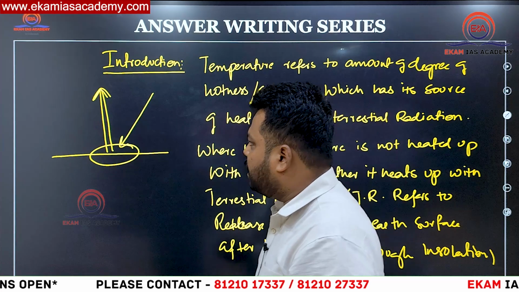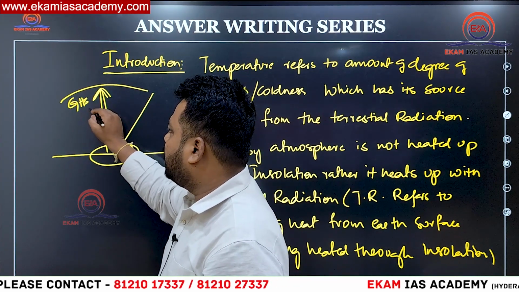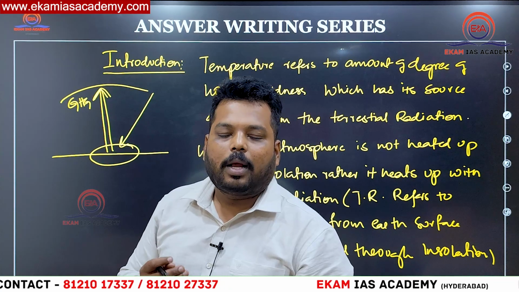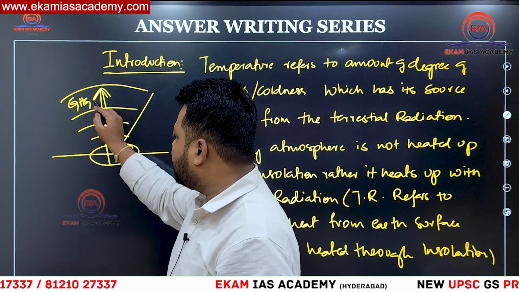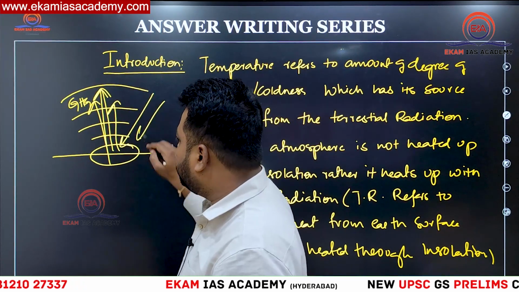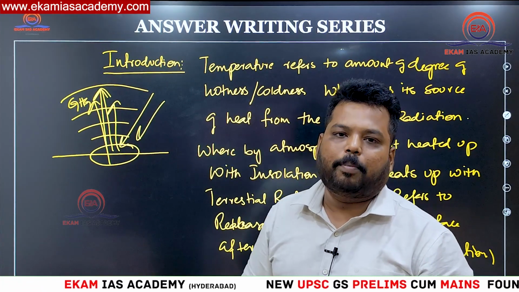When the heat is released, the greenhouse gases or other gases present in the atmosphere trap this heat, and in this way the atmosphere is heated from below rather than from insolation. Do remember this point, it is very, very important.